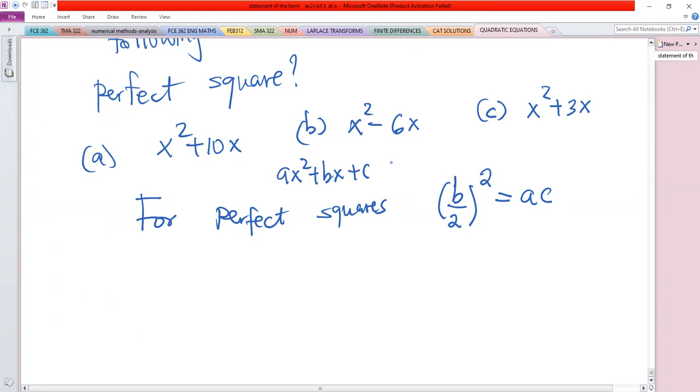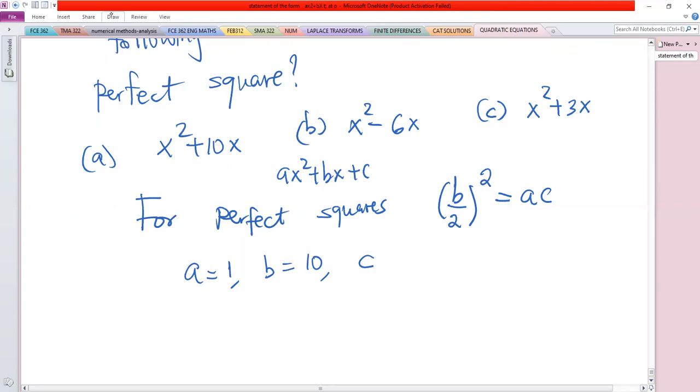So in this case, our a is 1, our b is 10, so we don't know the c. So it means that this will be x squared.